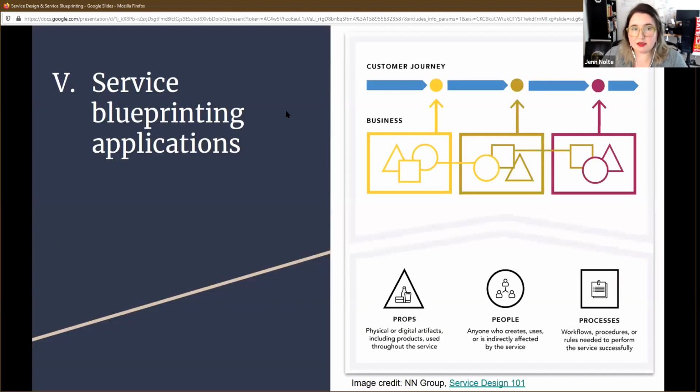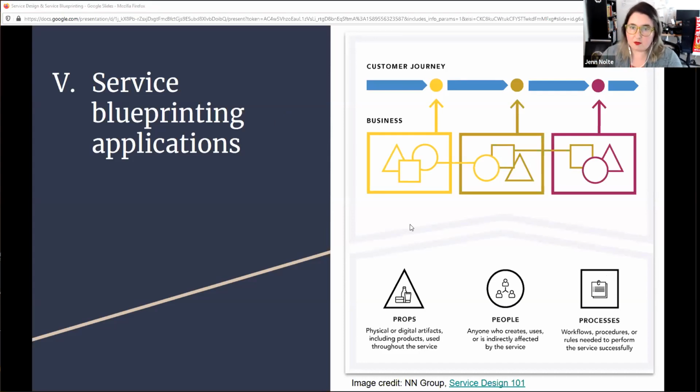Going back to the Nielsen-Norman Group diagram, here are our arrows, and here are the insertions of the business processes, people, and props into that journey.